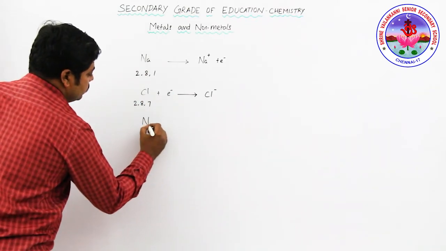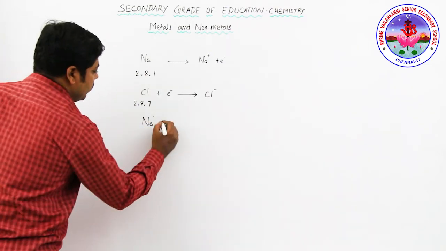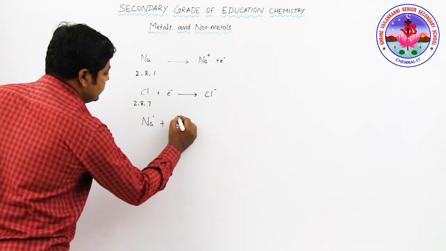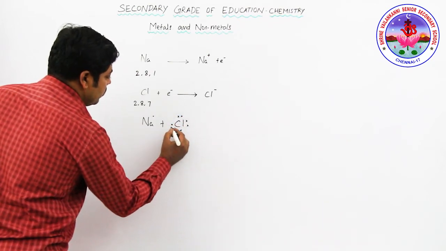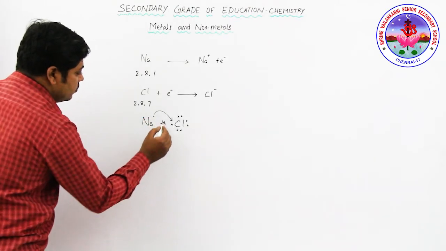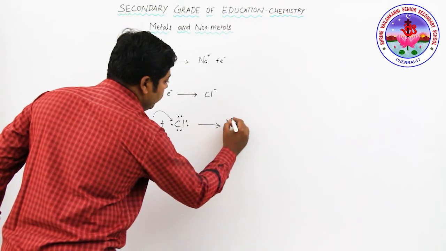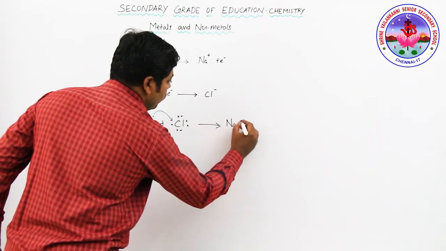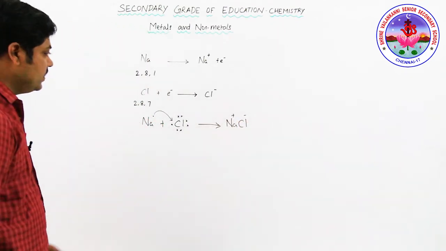Sodium has 1 electron and chlorine has 7 electrons. So what happens? Sodium gives 1 electron to the chlorine atom to form sodium chloride, that is Na+ and Cl-.